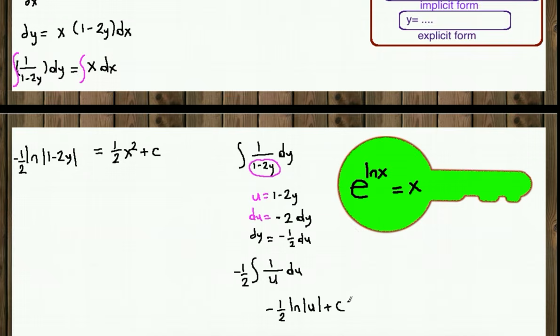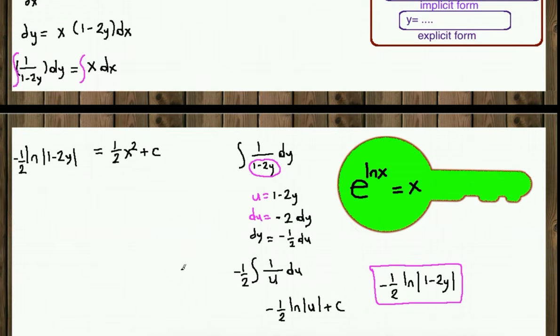We don't need c here because it's on the y term side. So negative 1/2 ln of, we bring u back, which is 1 minus 2y. So this is the integral of 1 over (1 minus 2y). My recommendation is to be more fluent with the derivative and antiderivative of ln.